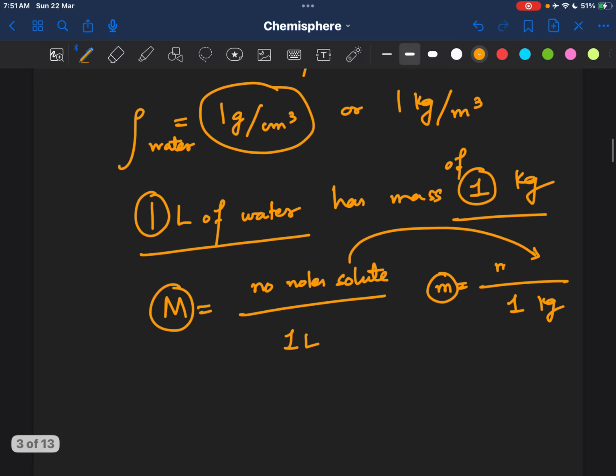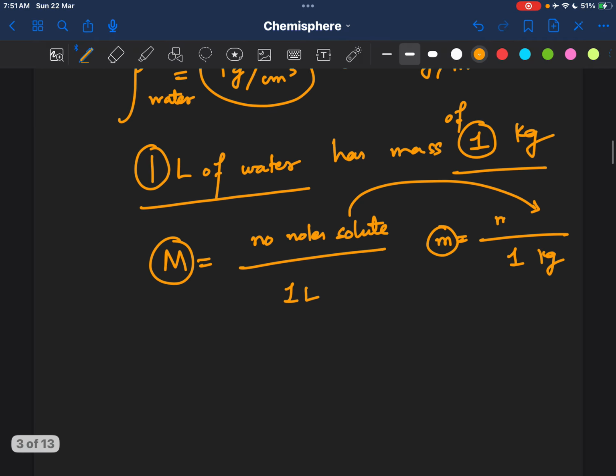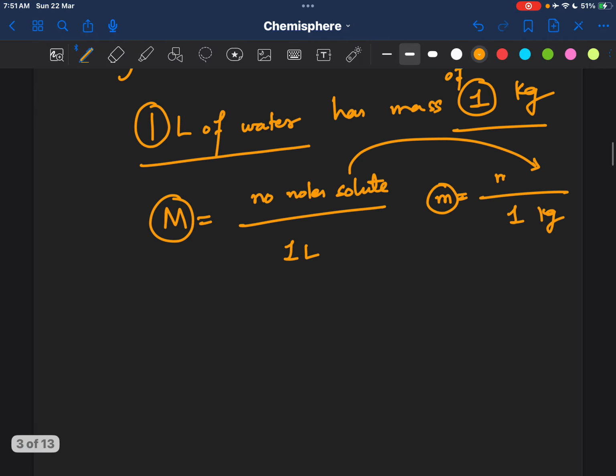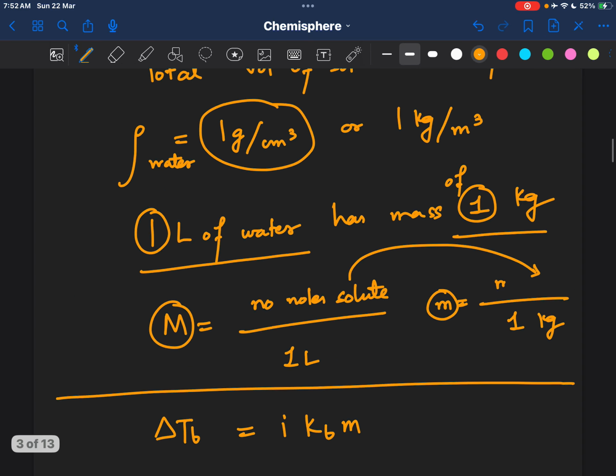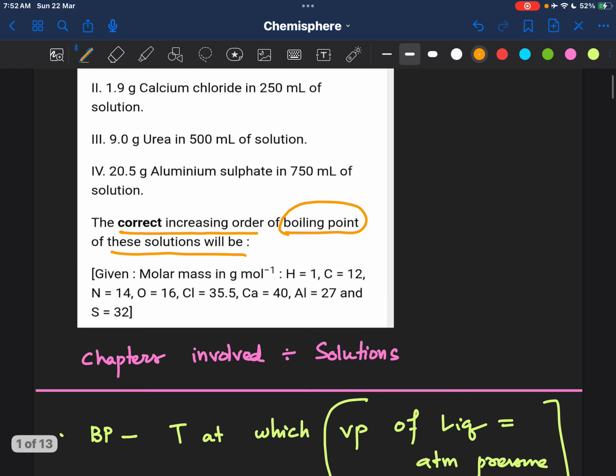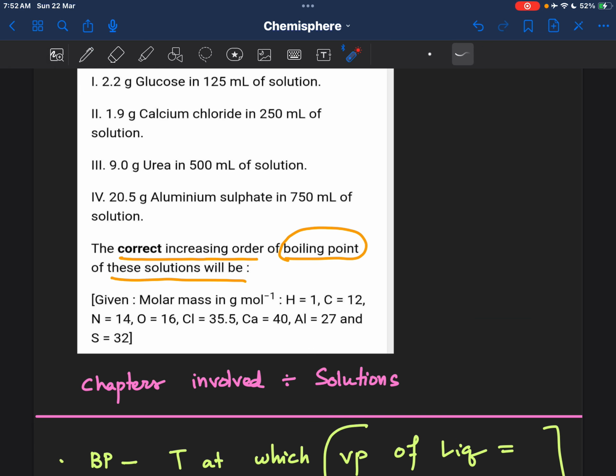Okay, so now coming back to the original equation, we know that delta TB is equal to I into KB into M. Let's go back to the question. They are asking us to arrange them in the correct increasing order of boiling point of these solutions.